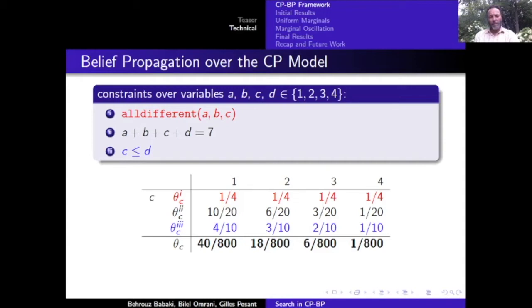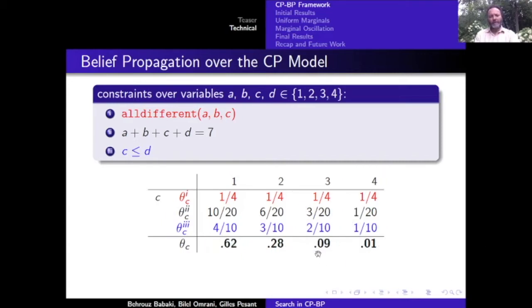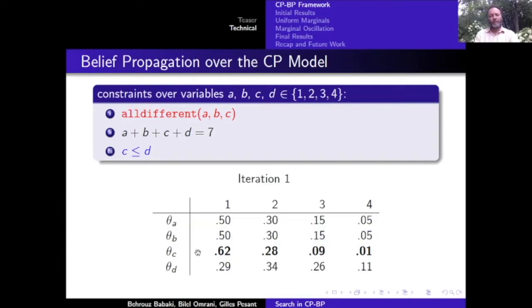So you multiply the values in each column and get the row shown in bold here at the bottom, which you can then normalize, and that gives you the marginal distribution for variable C. You do that for every variable, and then after one iteration, you get the marginals for each variable.